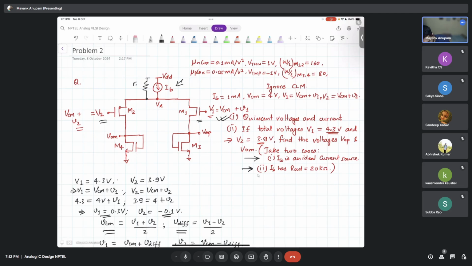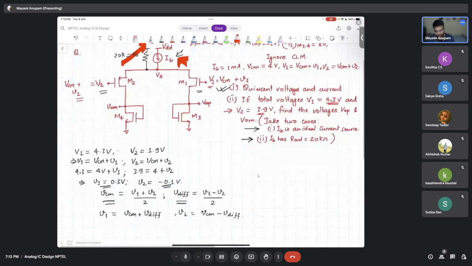So let's call it RO. RO is what? 20K. So the one case where this RO is infinity and the other case when this RO is there. So tell me what will be the situation. If RO is infinity, if this IB is an ideal IB, what is going to happen to the common mode gain?